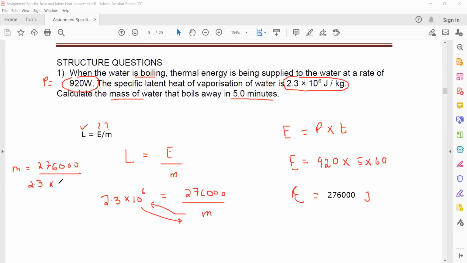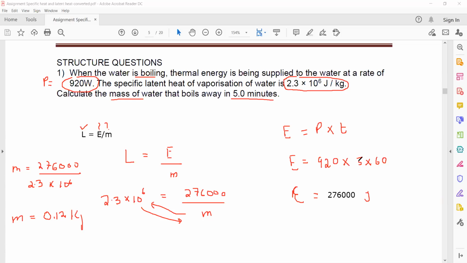What is the answer here? 0.12. Because this was given in kilograms, the final answer will be in kg. So 0.12 kg.